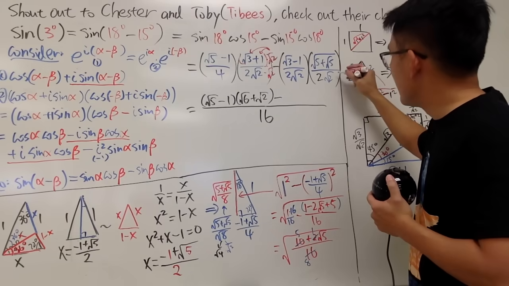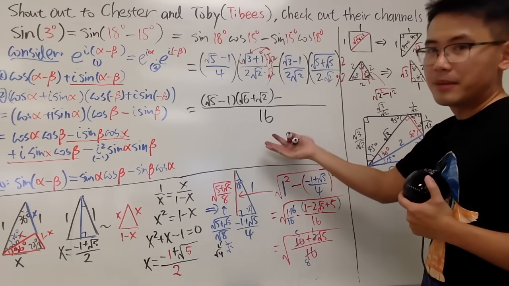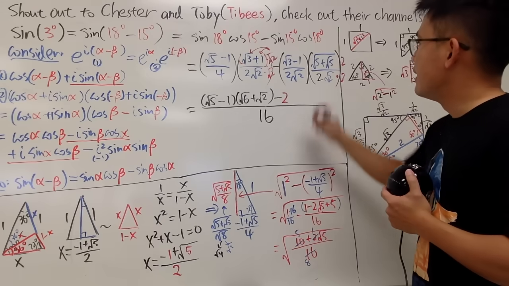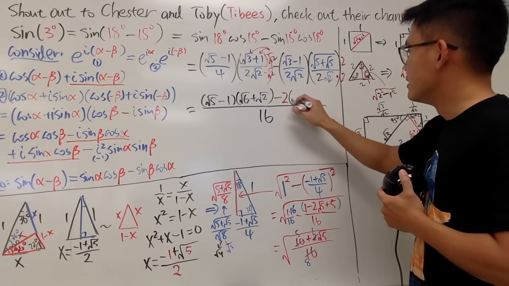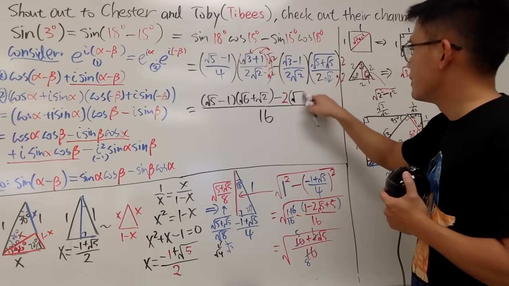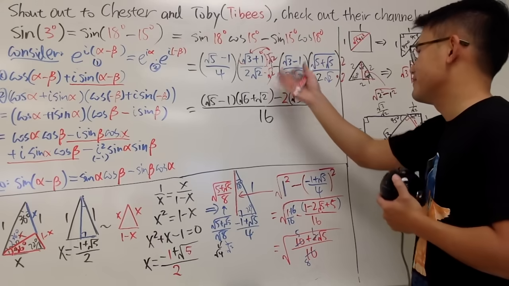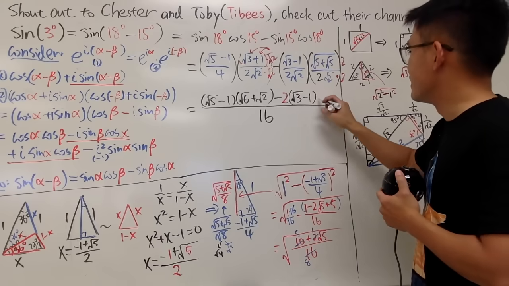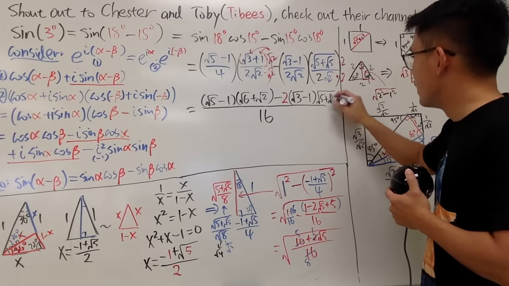So I need to multiply this by 2, this by 2, so I can get the common denominator 16. So be sure we have this 2, so I'll put down the 2 all the way in the front. And then I will just keep this. This is square root of 3. And of course, you can distribute the 2 if you would like, but that doesn't really matter. Anyway, we're done though. So minus 1, and this is a bizarre square root of 5 minus square root of 5.